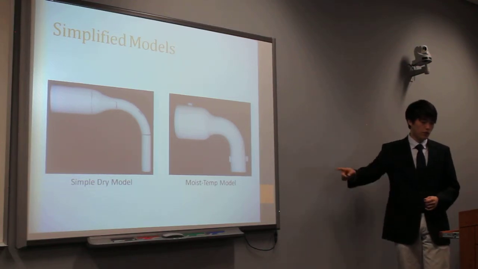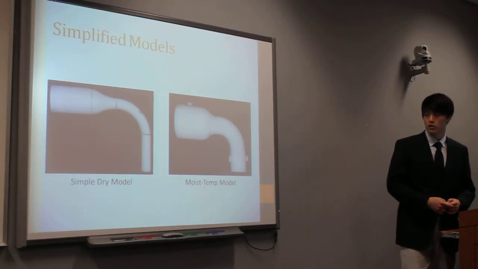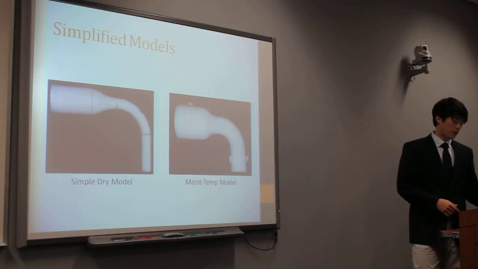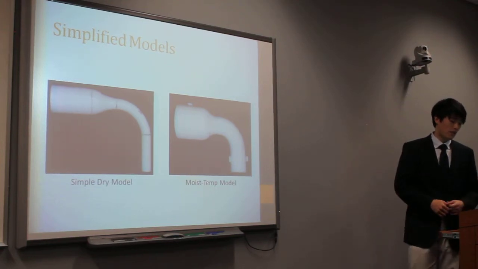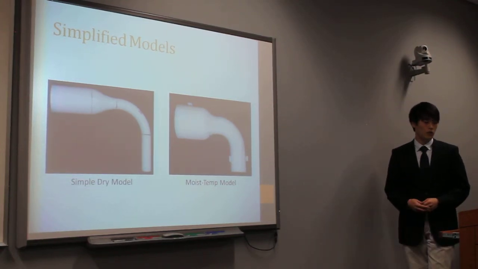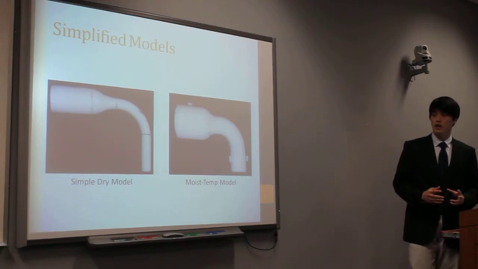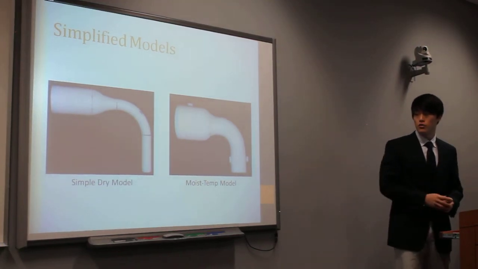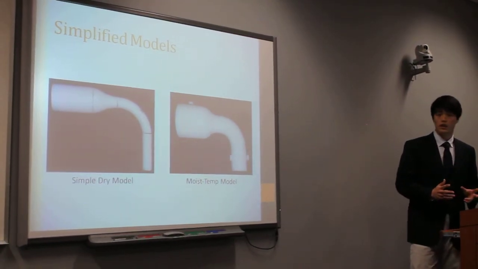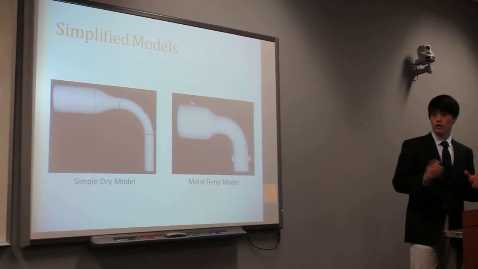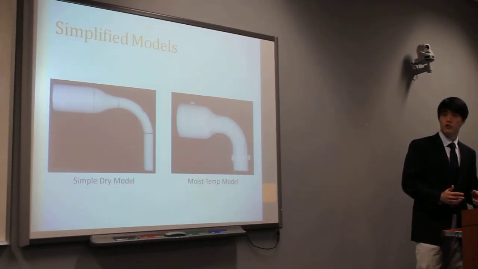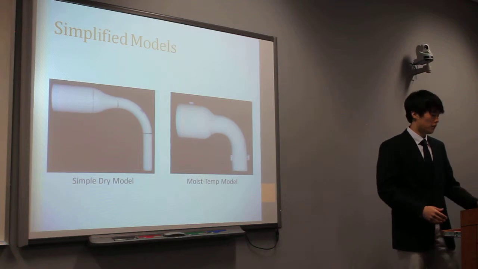And the second picture shown on the right is the moist temperature model. This model was made from a polyurethane foam to hold the moisture within the model, and the outside shell was used to keep the overall geometry and to keep the sensors of the active temperature control device at their right places.